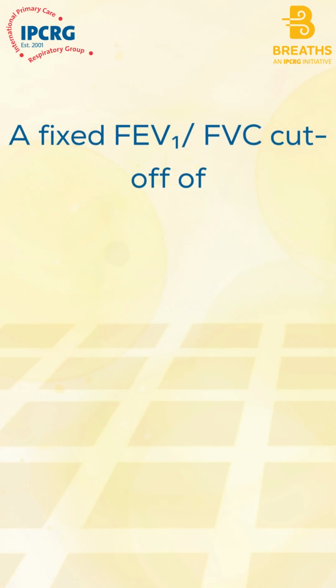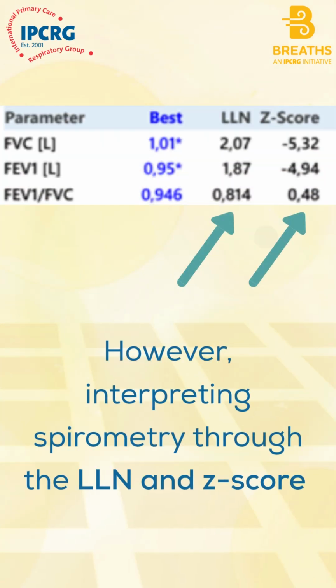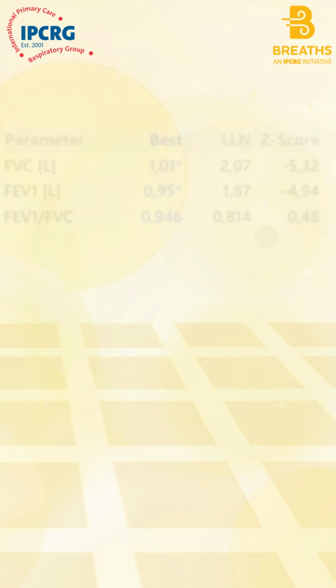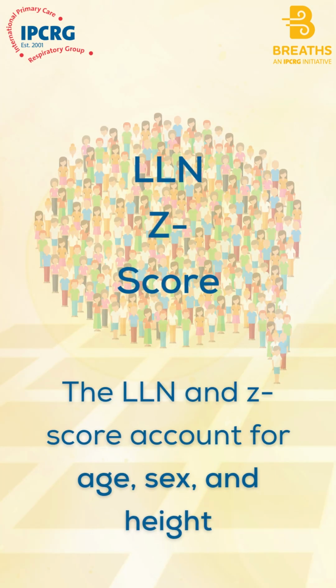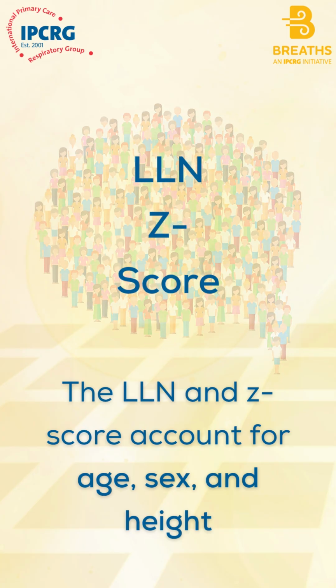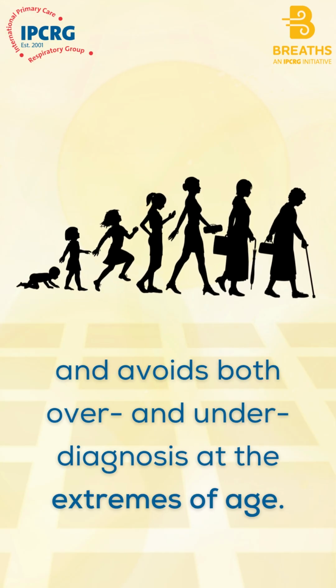A fixed FEV₁ to FVC ratio cutoff of 70% is sometimes used pragmatically for COPD screening. However, interpreting spirometry through the LLN and Z-score is preferable to using a fixed FEV₁ to FVC ratio cutoff. The LLN and Z-score account for age, sex, and height, and avoid both over- and under-diagnosis at the extremes of age.